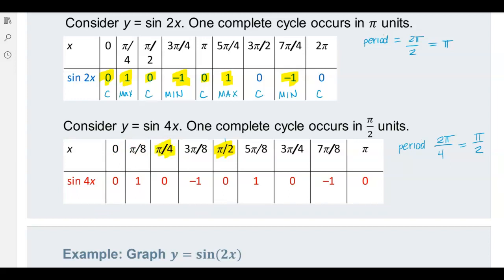I'm going to add these two numbers together, add 1/4 plus 1/2, hit enter, and then divide by 2. And you should get 3/8, and you'll put the pi symbol in there. So that's how you can find each of those values. Again, we follow the pattern, center, max, center, min, and so we're getting the 0s and the 1s and the -1s.